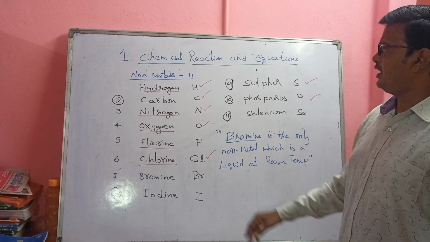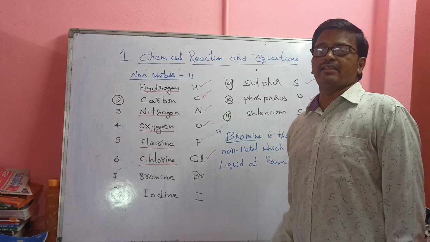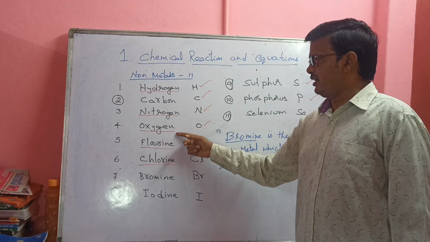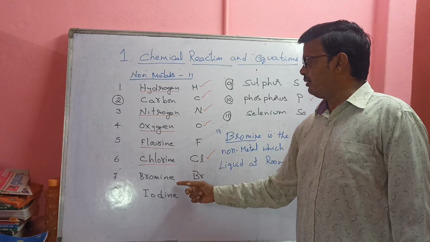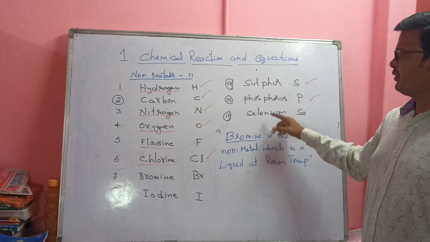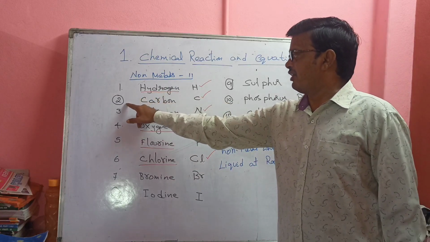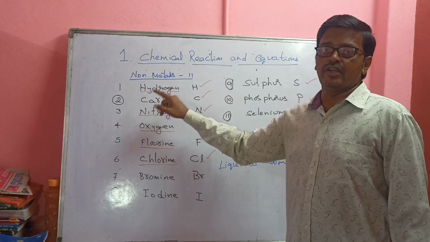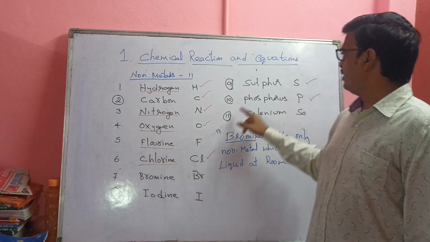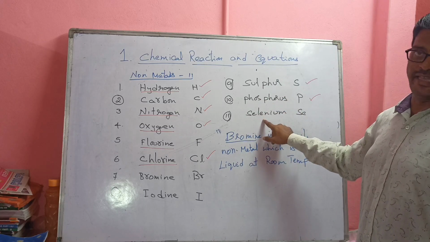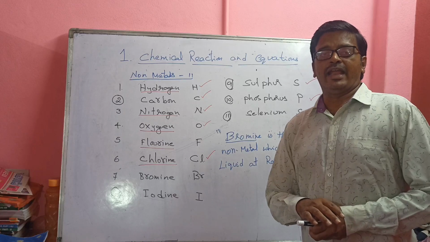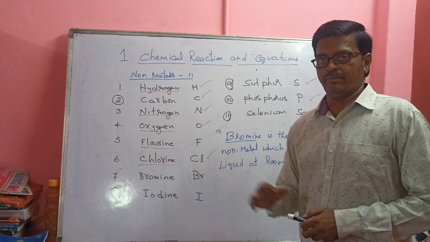Clear? Once again, how many non-metals are there? 11. They are hydrogen, carbon, nitrogen, oxygen, fluorine, chlorine, bromine, iodine, sulfur, phosphorus, selenium. How many are solid? 5: carbon, iodine, sulfur, phosphorus, selenium, available as solids at room temperature.